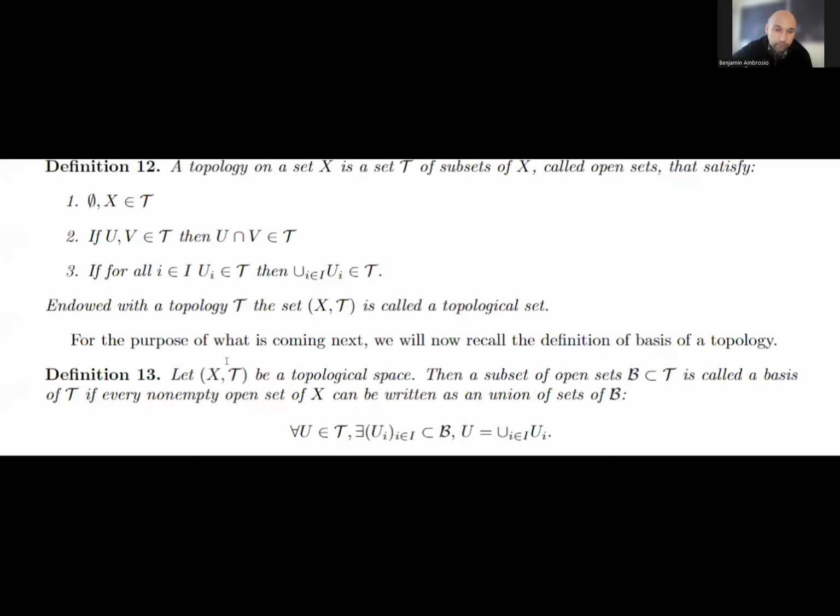But as a general fact, a subset B of tau is called a basis, so the elements of the basis are open sets. Sometimes we say a basis of open sets or just a basis, if every non-empty open set of X can be written as a union of sets of B. Okay, so any open set can be written as a union of sets of my basis. Is that clear?